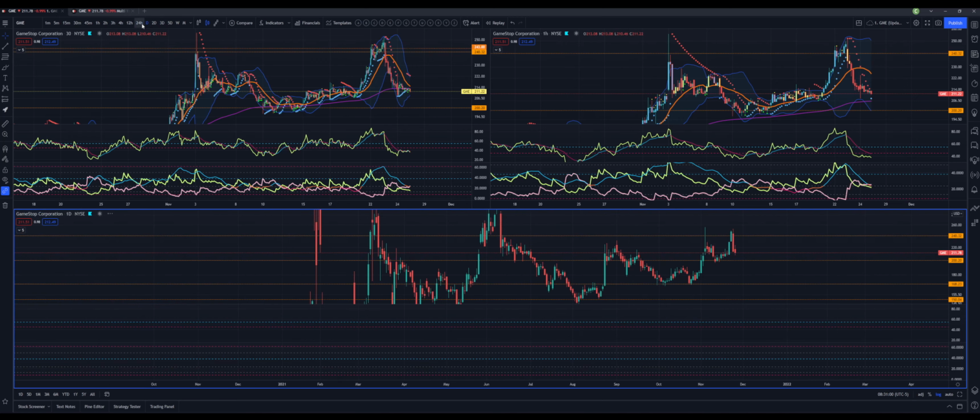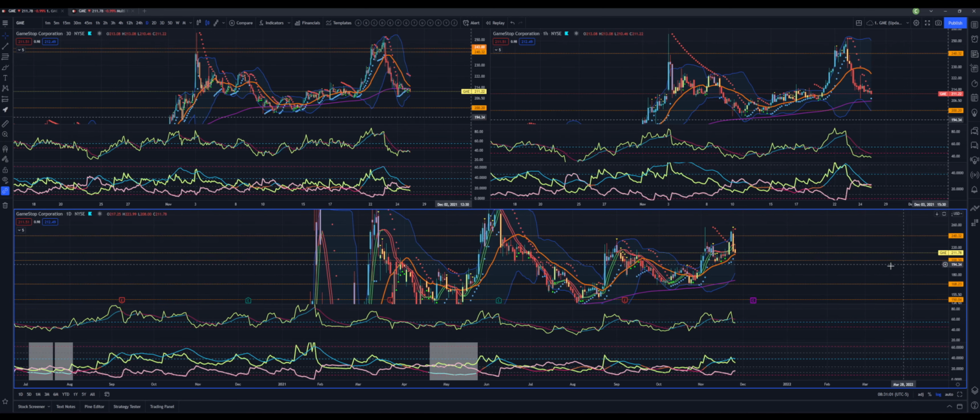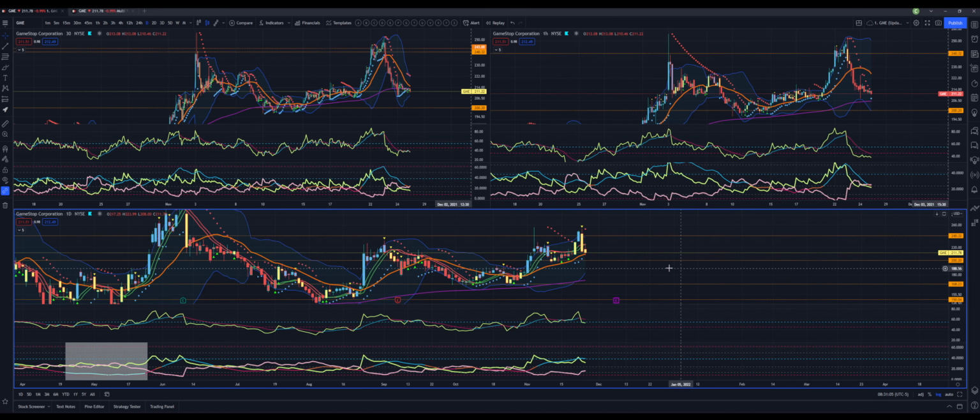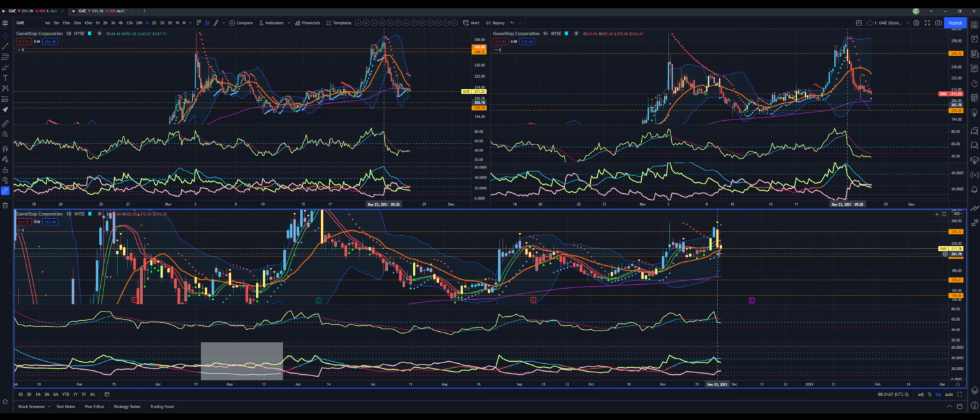Well, let's move up to the daily. As you can see on the daily chart, we are looking like we're just about to cross this center line, and the positive strength is waning there. So we can look towards our next levels of horizontal support.